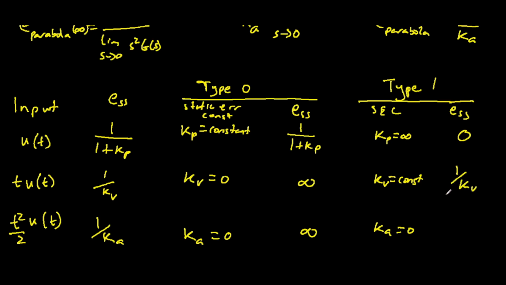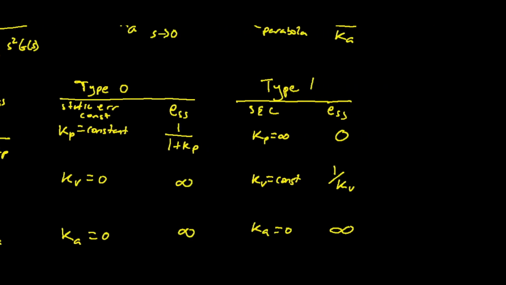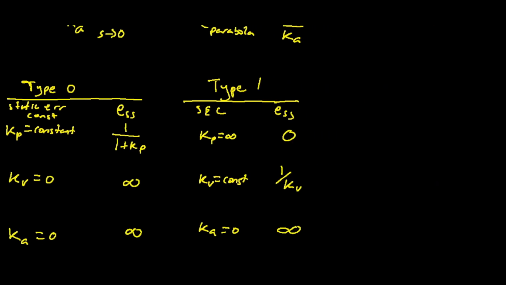Your steady state error, if you had a parabolic input, will be 1 over 0, which is infinity. So in other words, you have an infinite steady state error if you had a type 1 system and you supply it with a parabolic input.